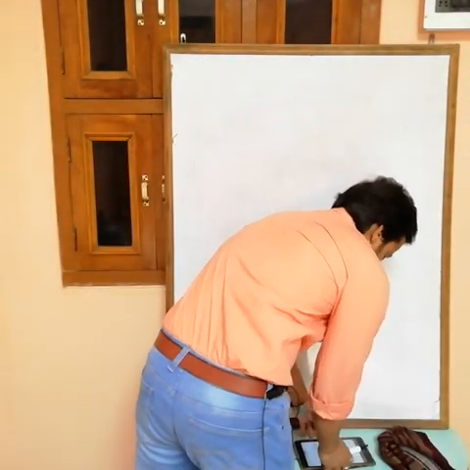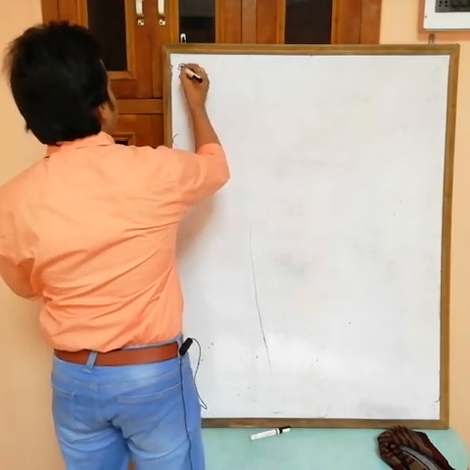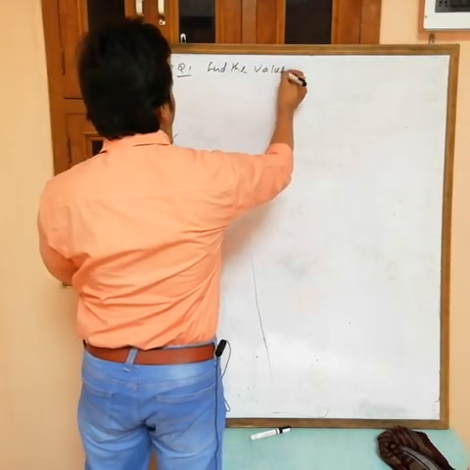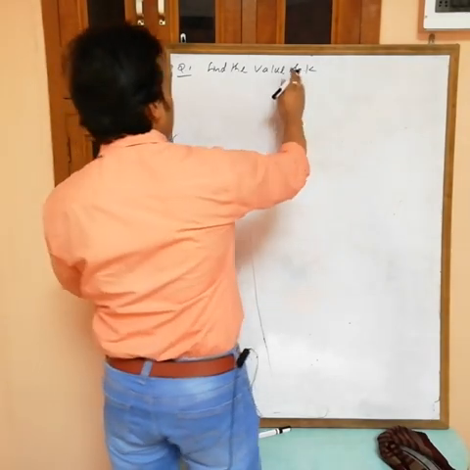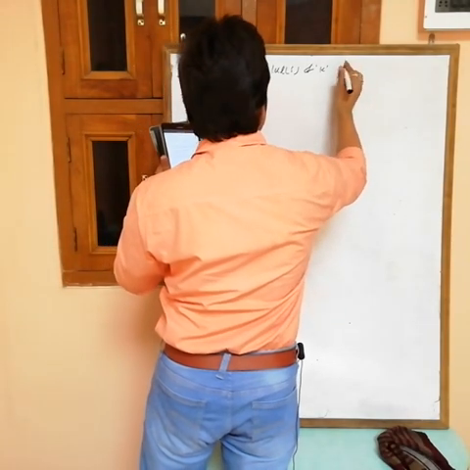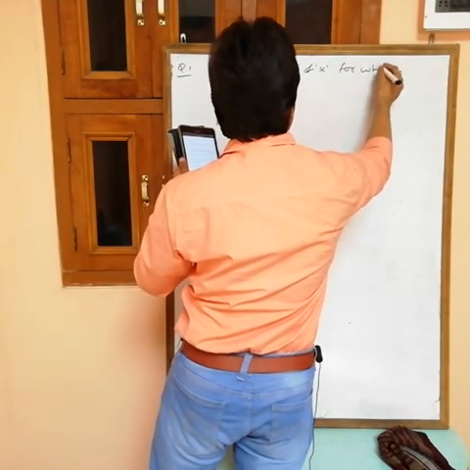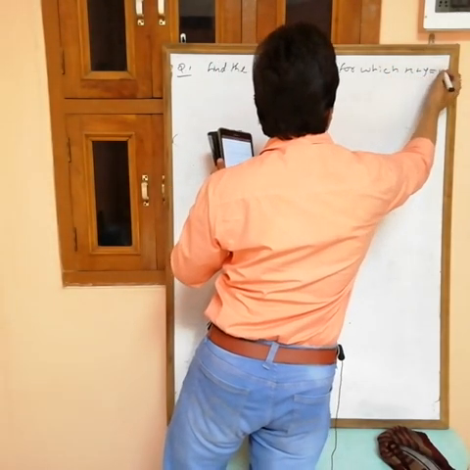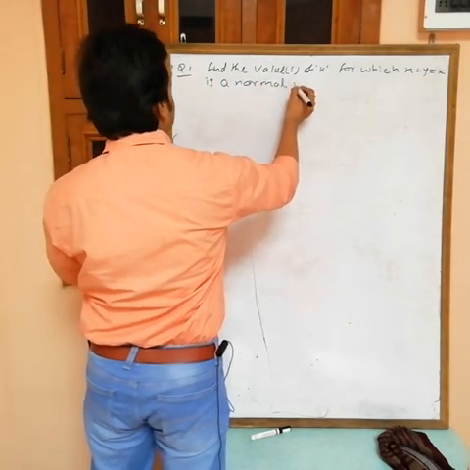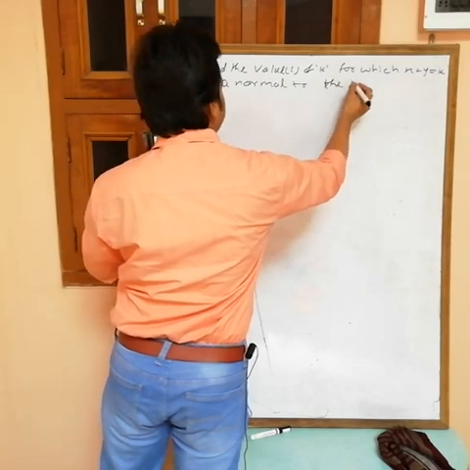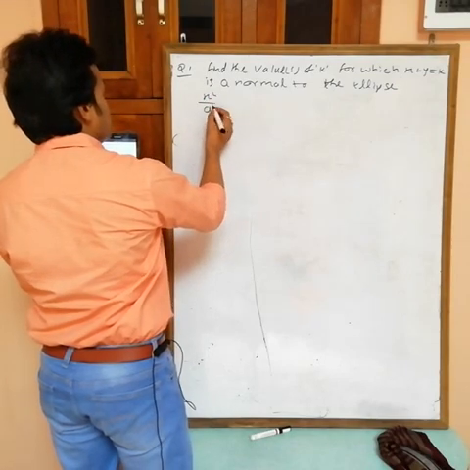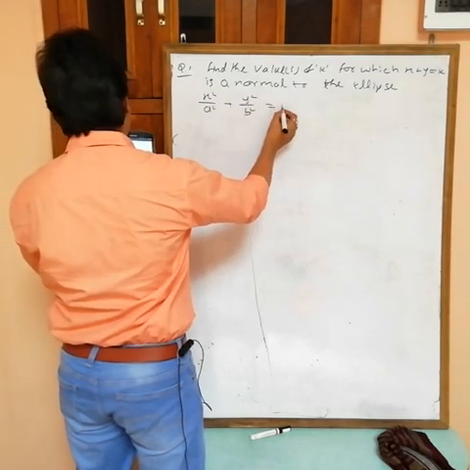Question number 1. Find the value or values of k for which x plus y equals k is a normal to the ellipse x square by a square plus y square by b square equals 1.